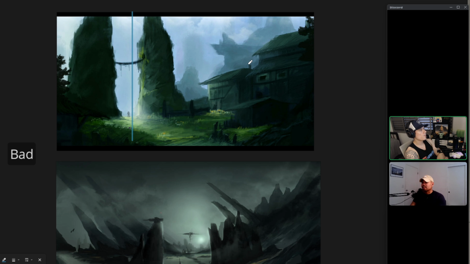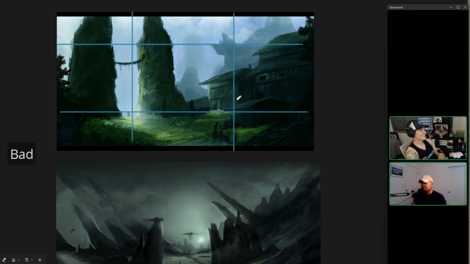To create the illusion of scale, you have to make sure you vary up the sizes of elements within the scene. So this could have been smaller, I felt, or maybe it's something completely different.